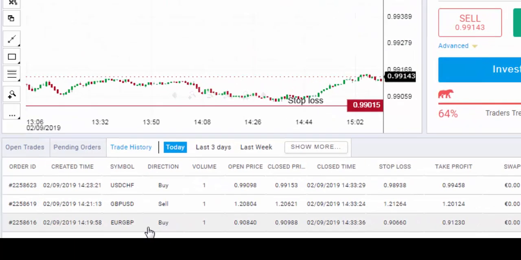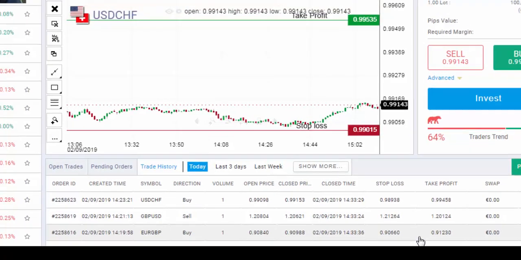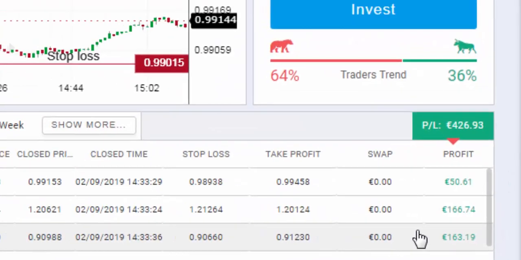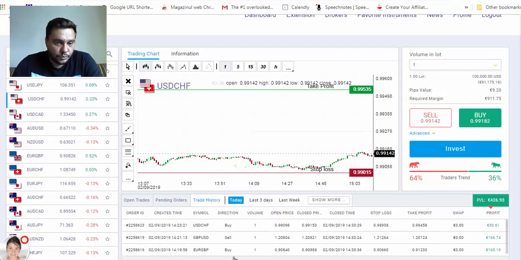The third one, it was Euro GBP, it was a buy, an open price of 0.19840 and a close price of 0.19988 and a profit of 163.19 euros. The fourth one is US dollar Japanese yen.